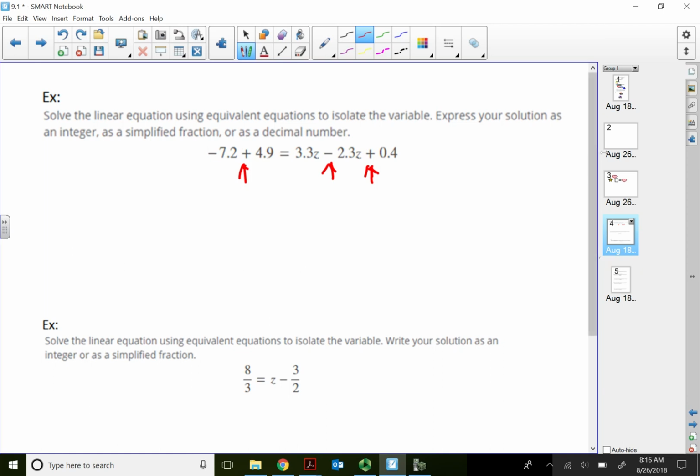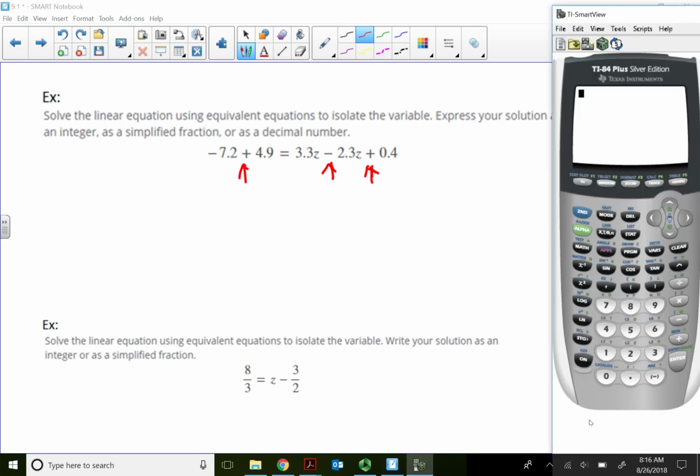All right, step number 3, combine like terms on each side. So these 2 terms on the left side are like terms, so I can combine them. So let's see, negative 7.2 plus 4.9, negative 2.3.